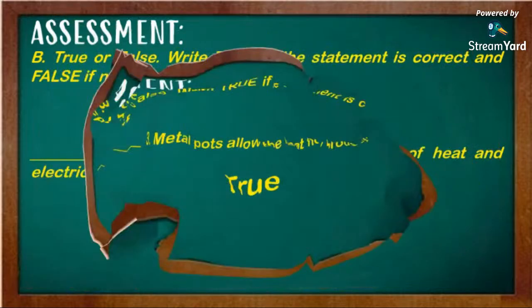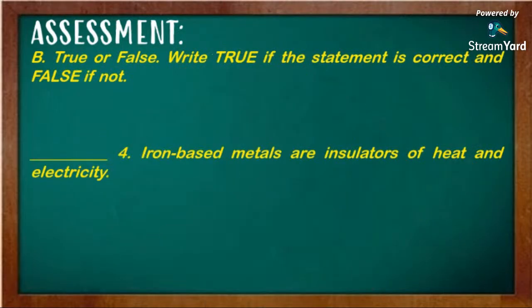And number 4. Iron-based metals are insulators of heat and electricity. Is that true or false? The answer is true. Very good.